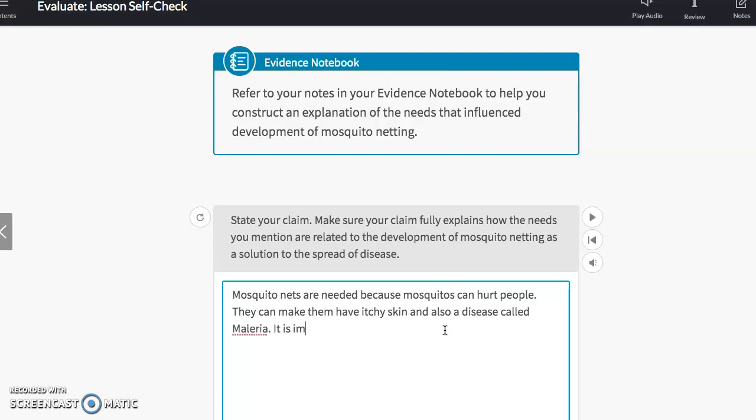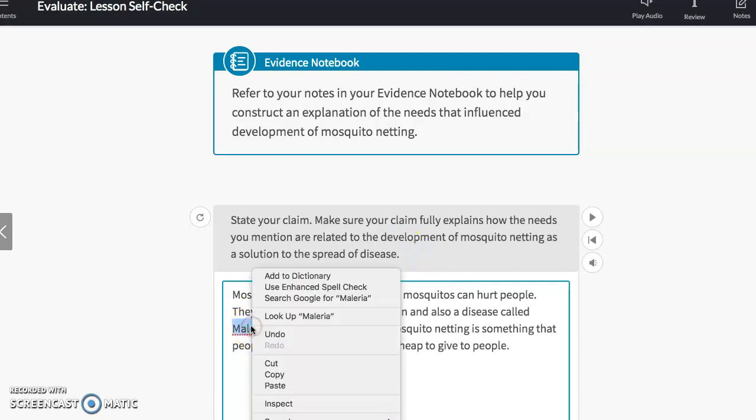It is important that the mosquito netting is something that people can use, and it is easy and cheap to give to people. Right? Because if it's not, then people won't use it, and there's no point in doing that.